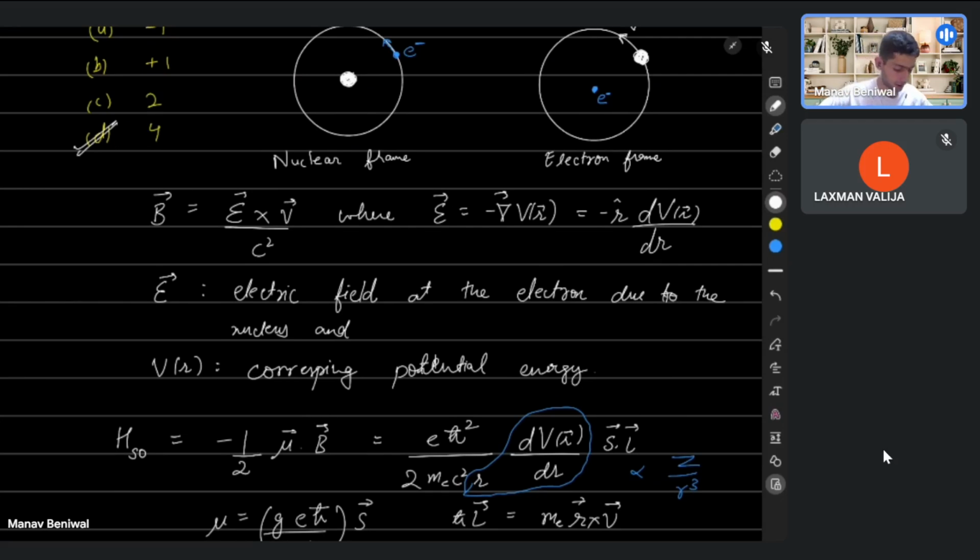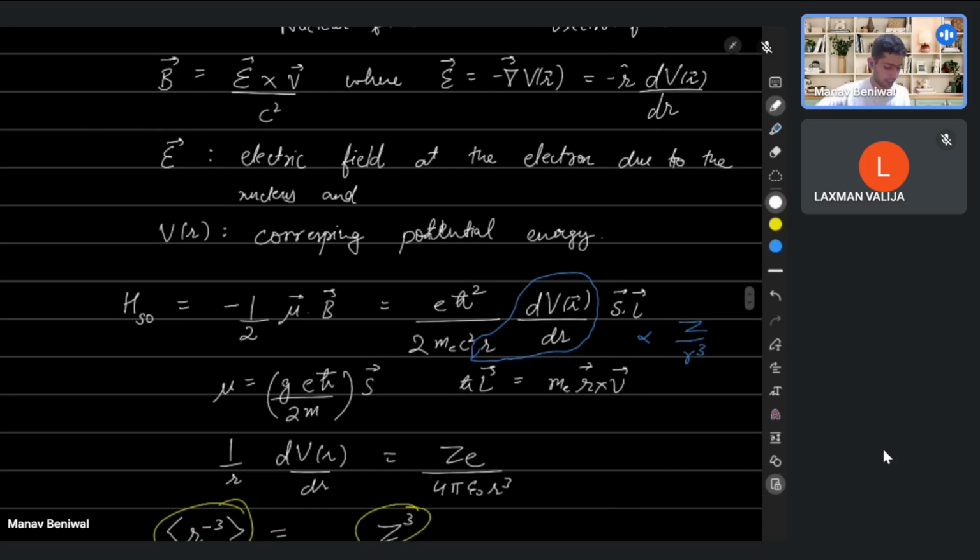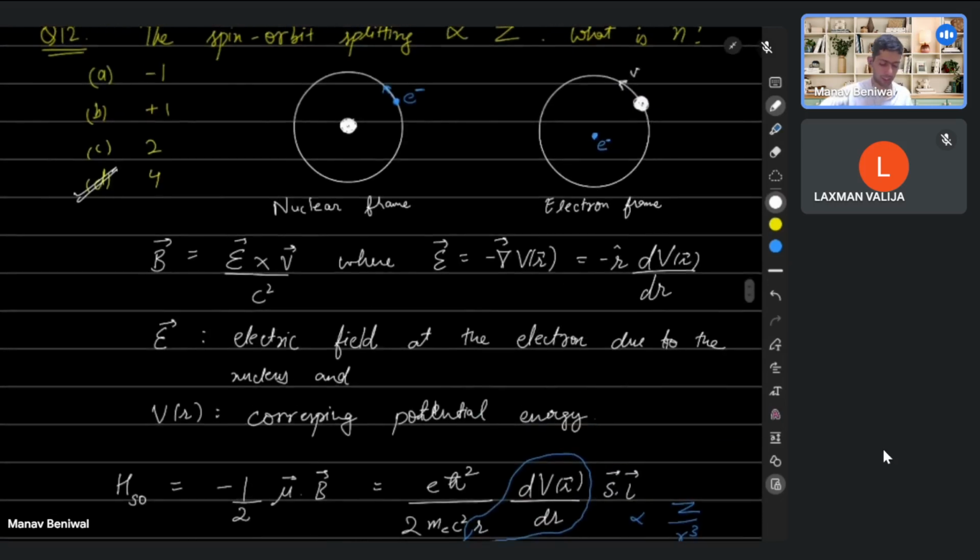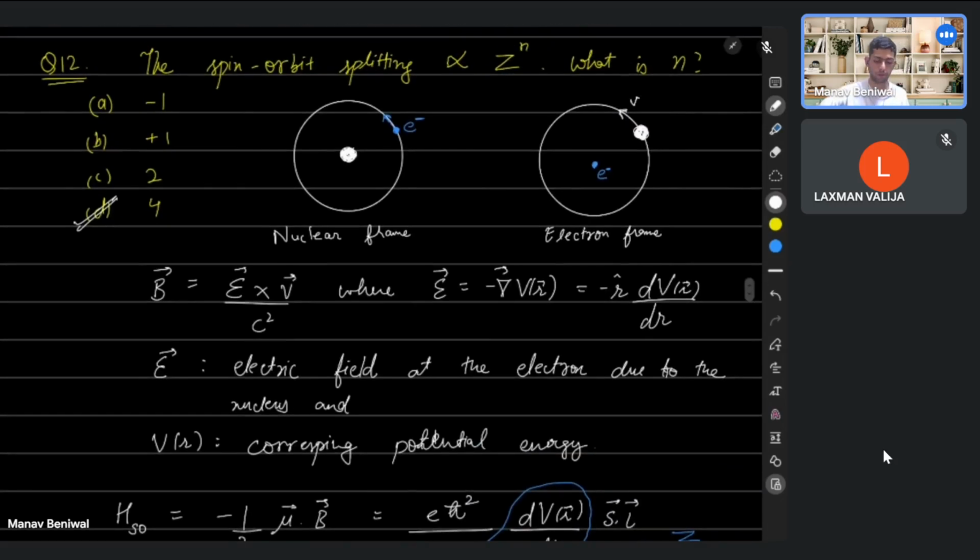Okay, so this is what people generally remember, that it goes as Z to the power 4. Otherwise, to get the correct answer we have to go into relativity and calculate this Hamiltonian, and after we have calculated the Hamiltonian we need to calculate the expectation value of 1 over r cubed, and then we get this proportionality as Z to the power 4.